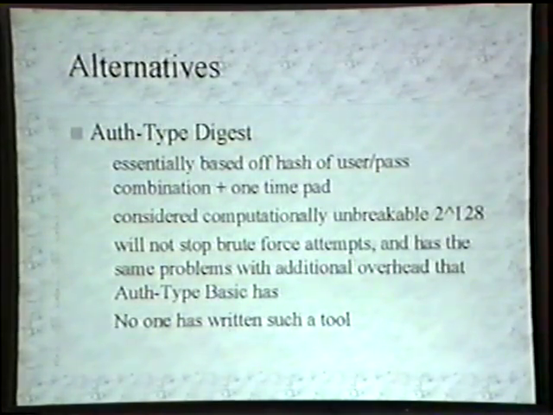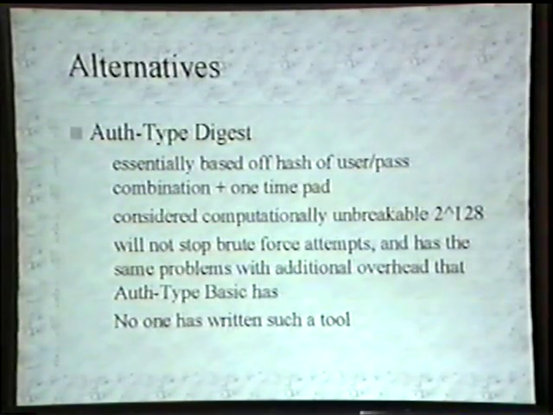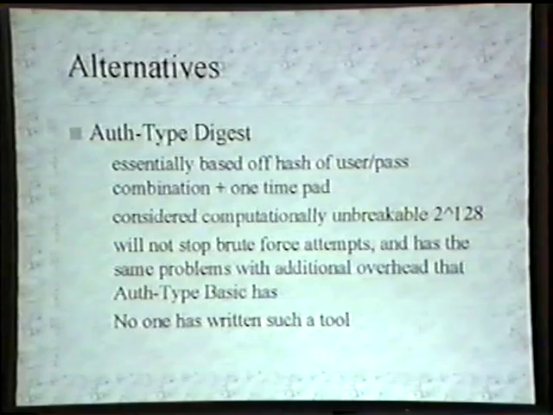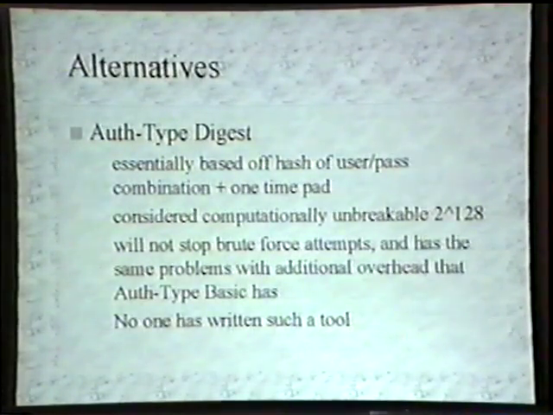Okay, so alternatives. Auth type digest. It's great. I can't say enough good things about it. It has solved a lot of problems that basic type authentication has introduced, but it also is subject to a lot of others, and it's really not that much better, unfortunately.